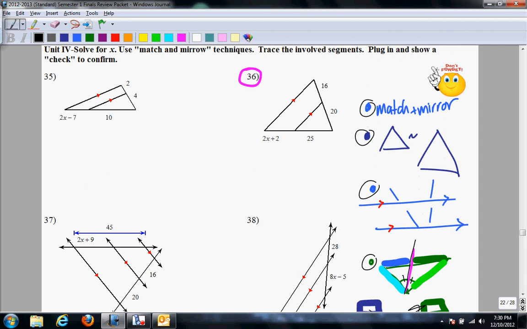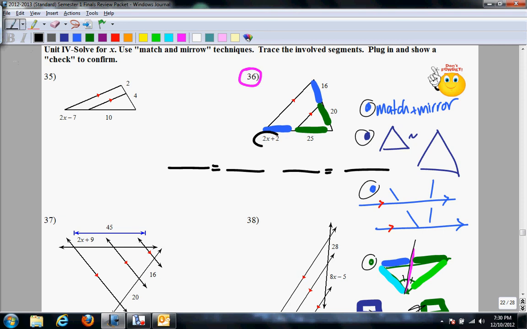So taking a look at 36, I see here I'm going to match and mirror, and I'm going to use colors to help me match. I can match this way. Those match, they're in the same position. And those match, and they're in the same position. So I'm going to actually show you both ways.